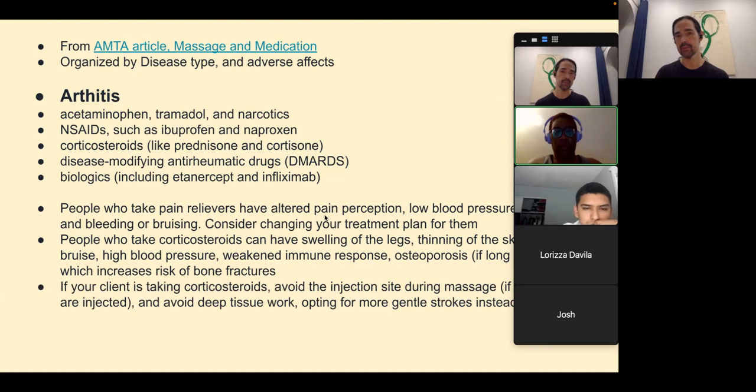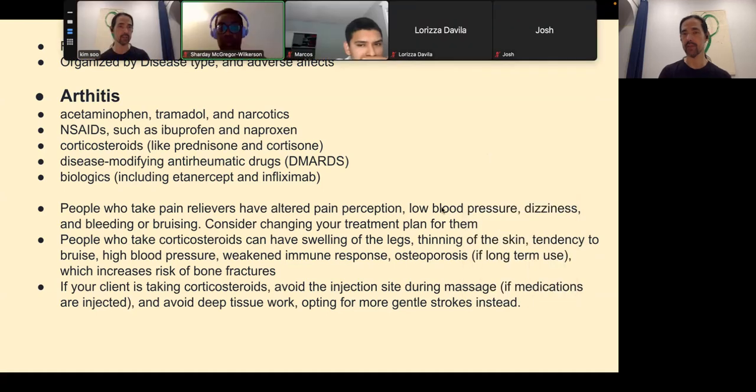People who take pain relievers, they have altered pain perception, right? So they don't really feel pain as much. They feel it, but not as much. They also can experience other effects which make them more vulnerable during a massage, like low blood pressure, dizziness, bleeding, and bruising.